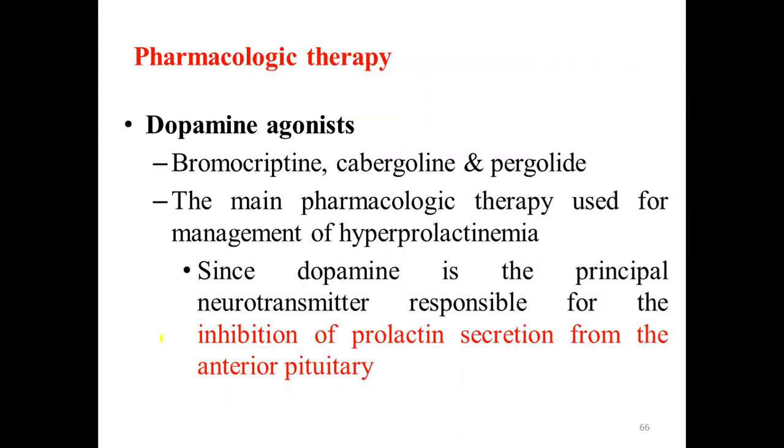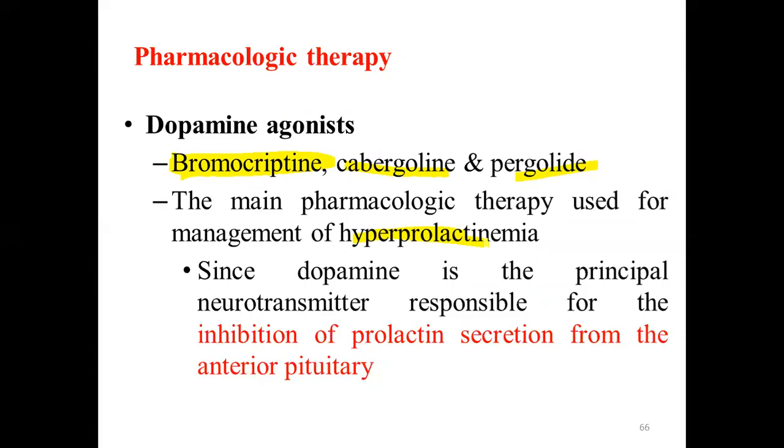In the previous session, we mentioned the dopamine agonists bromocriptine, cabergoline, and pergolide. These are widely available in the local market, as I mentioned in the previous lesson, and they are the main pharmacological therapies in the management of hyperprolactinemia. Why are they the principal pharmacological treatment?